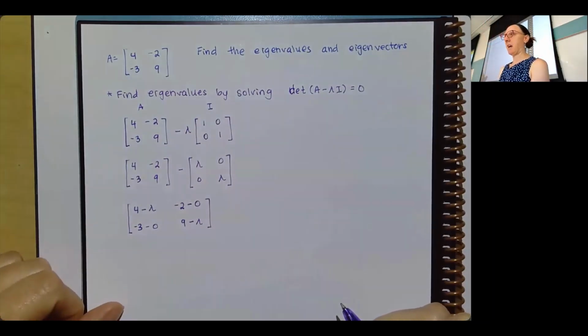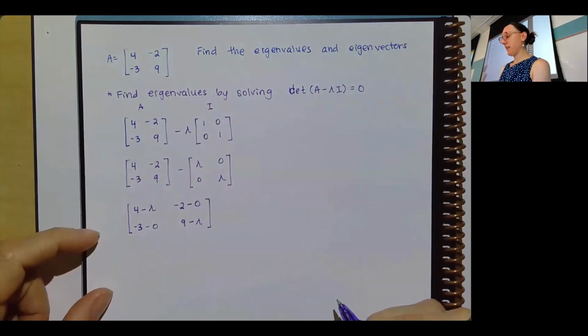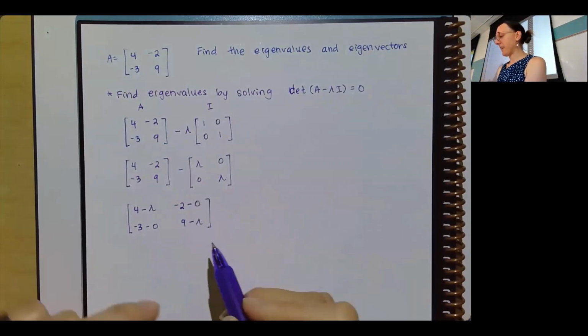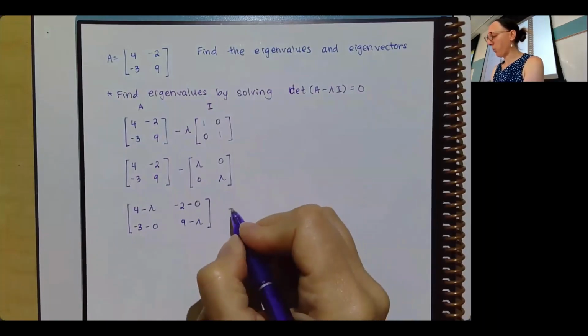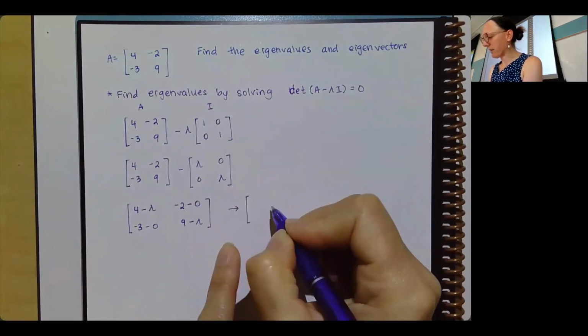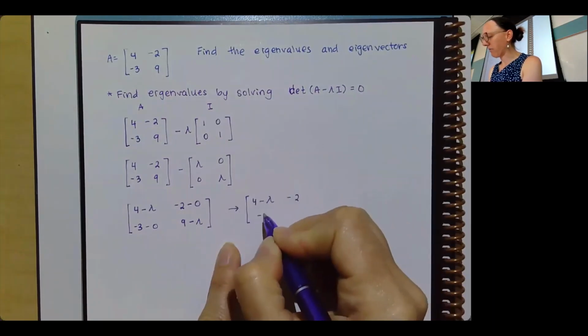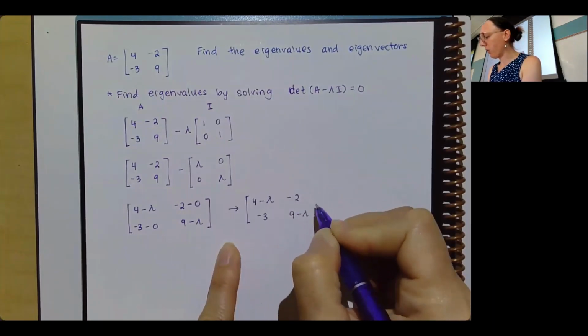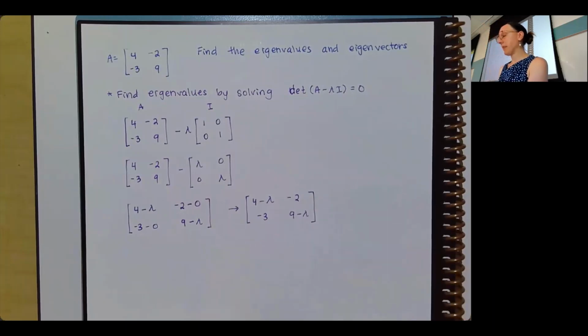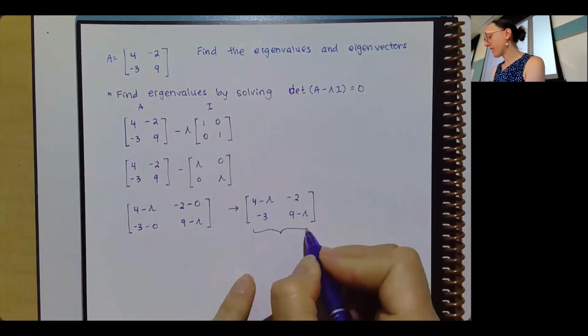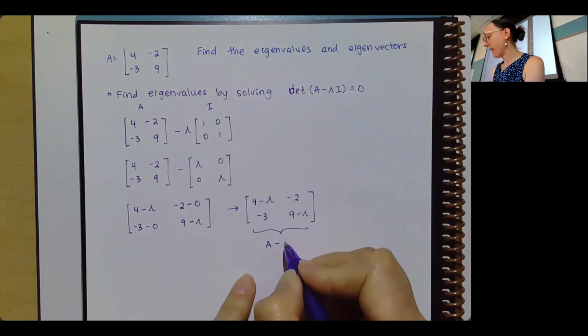After you've done a few of these, we tend to skip straight from the starting point to a matrix where you've subtracted lambda on the diagonal and left your off diagonals alone. So this matrix is A minus lambda I.